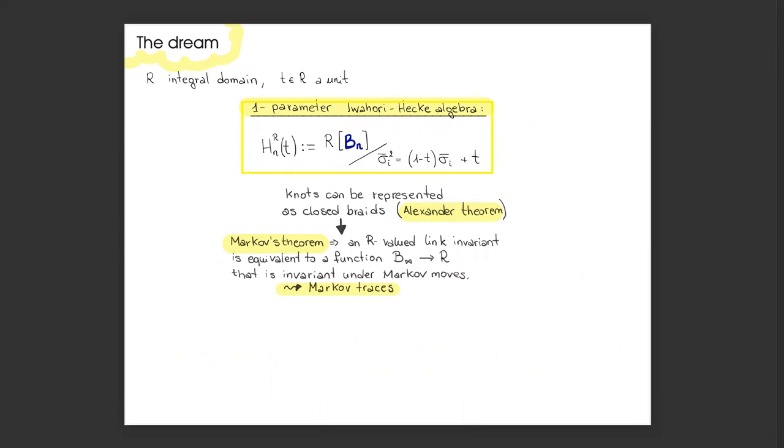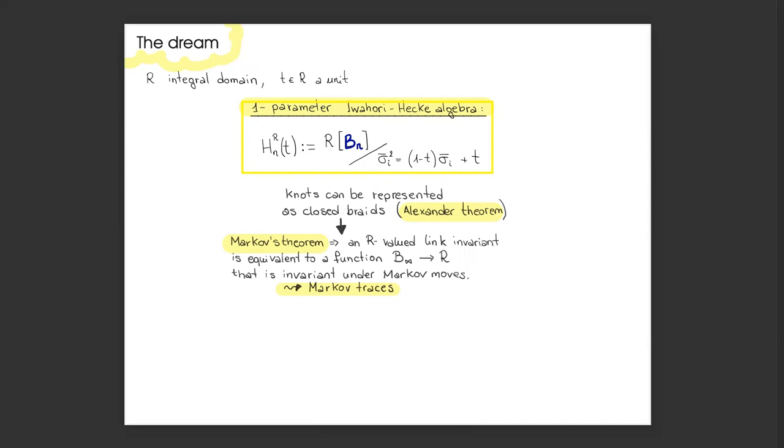In this sense, an R-valued link invariant is equivalent to a function from the tower of all the braid groups, that here I indicated with B infinity, into R that is invariant under Markov moves, which are the moves among braids that give you equivalent knots.